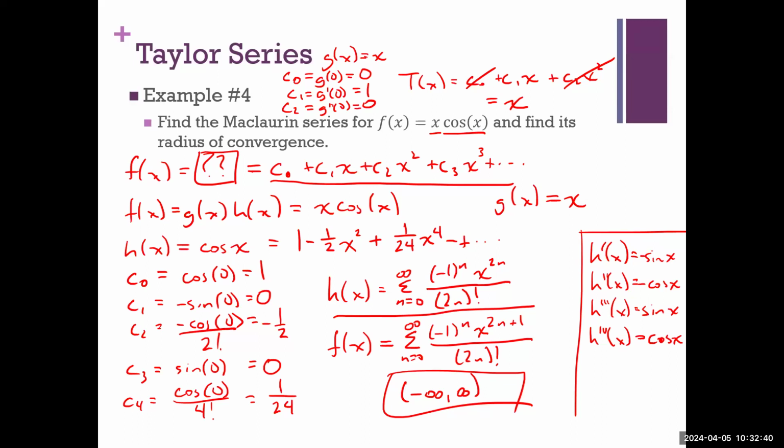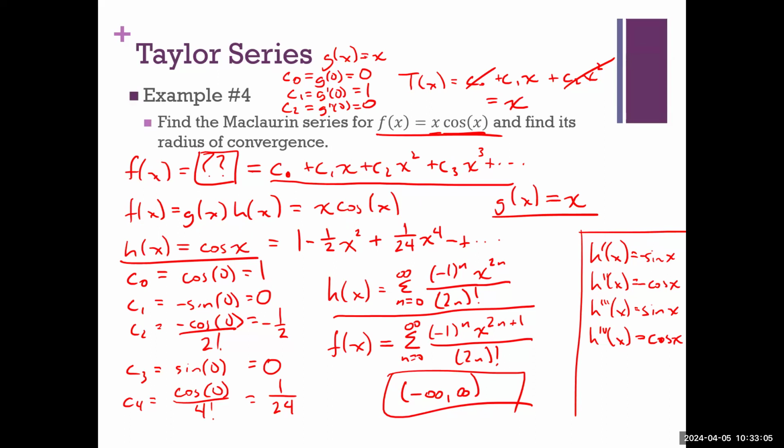So let's reset all the things that I said here. I said that f of x is equal to the whole function, and then we broke that down into two smaller functions: g of x equals x and h of x equals cosine x. So essentially, if I want to turn h of x into f of x, I have to multiply h by a single power of x.